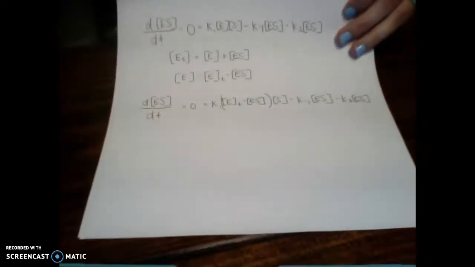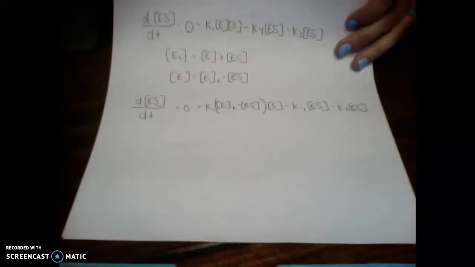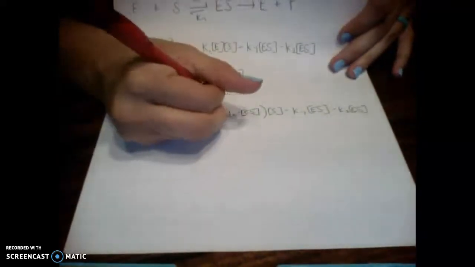Well, what can we do now to further simplify this equation? Let's distribute this K1 and multiply it by S. Oh, okay. Sorry, something on my computer fell, but we're good.